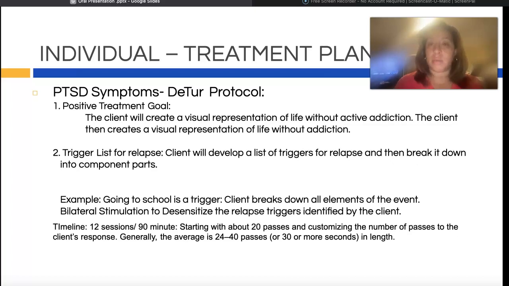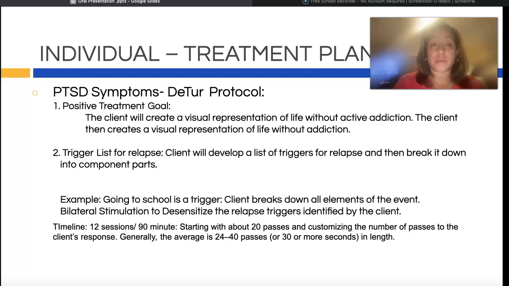And let's break it down. One of the triggers may just be that she has a male teacher that reminds her of some of the experiences that she's been through. So we want to make sure that we're going through it and processing that with her. Through the bilateral stimulation, we will start to desensitize her to those triggers and hopefully prevent relapse.